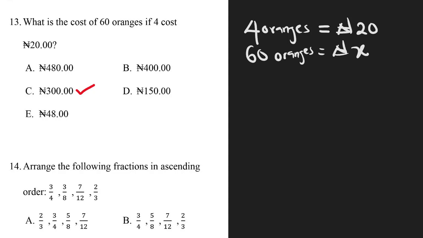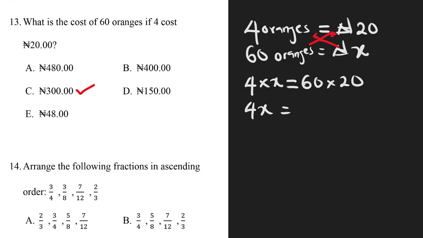So you cross multiply: 60 times 20 and X times 4. So 4 times X, that is 4X, equals 60 times 20.